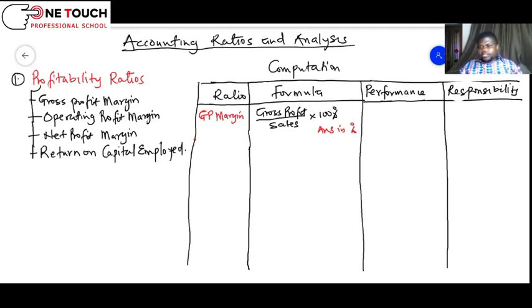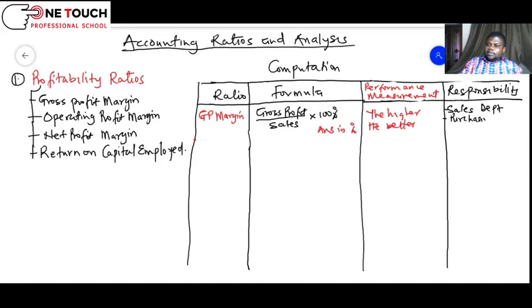Who are those that you are supposed to ask questions if there is a failure? So under performance measurement, we are saying that the higher, the better. And you are supposed to measure the performance of the sales department, purchasing department, your production department.